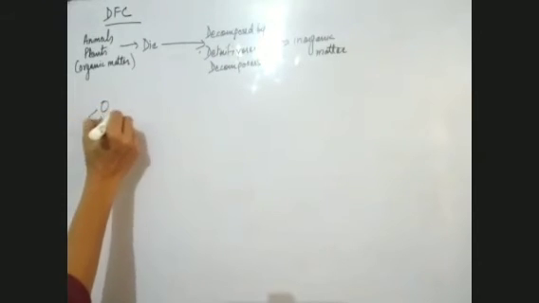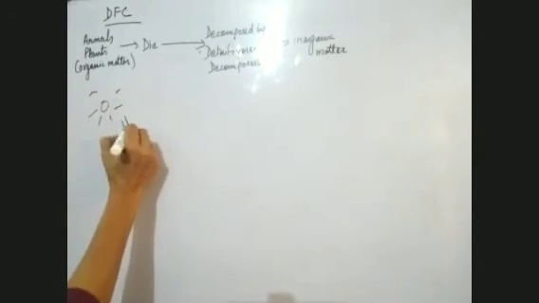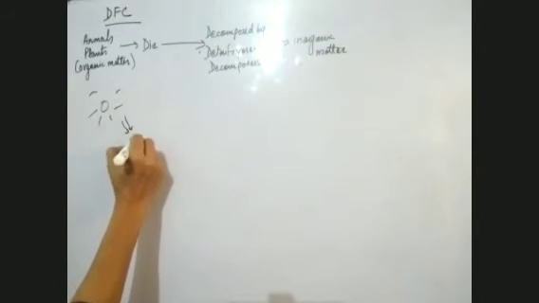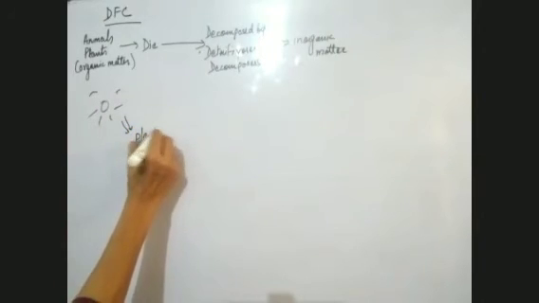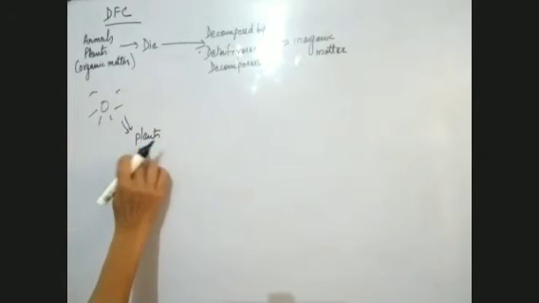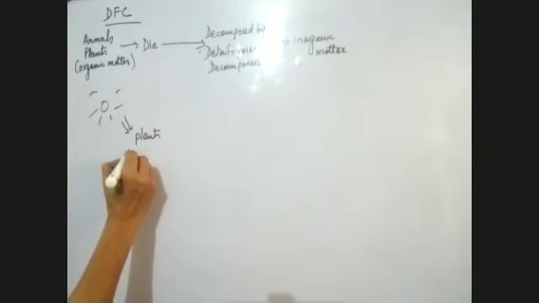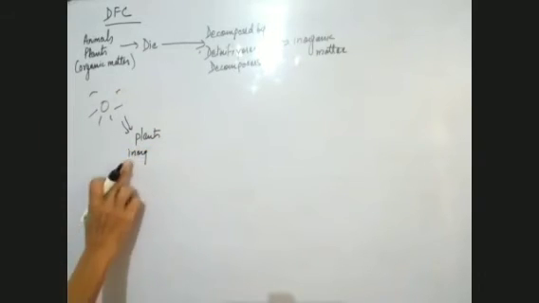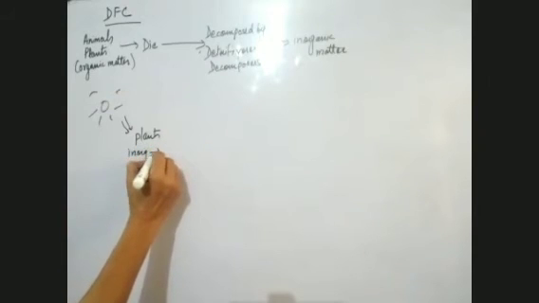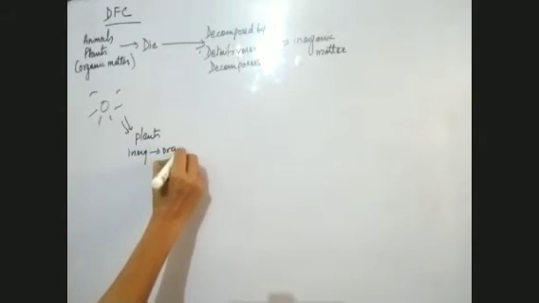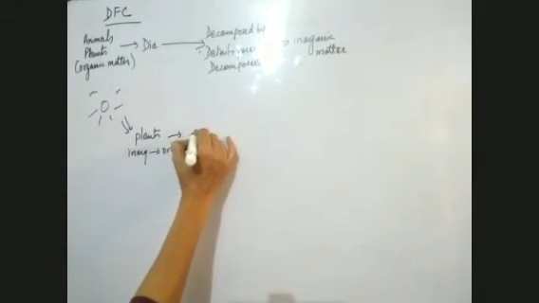That means first of all there was the sun, then there were plants which got energy from the sun. These plants converted inorganic, I'm writing just INORG, into organic matter. Then at various trophic levels, this organic matter was transferred.